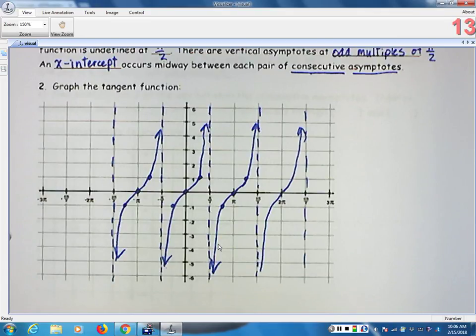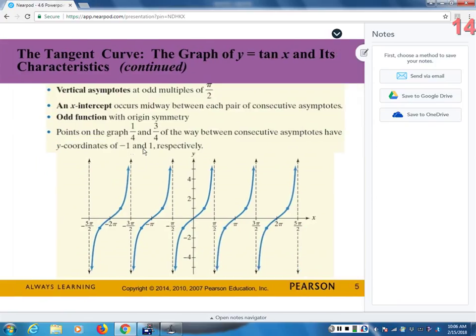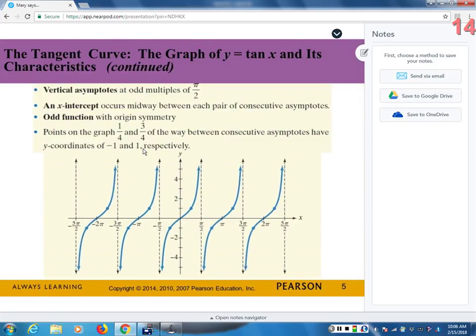Okay, so here's the steps. Here are more characteristics on the slideshow. The period's pi, the domain is all real numbers except odd multiples, and the range is all real numbers. Again, this is all the stuff we filled in: vertical asymptotes at odd multiples of pi over 2.